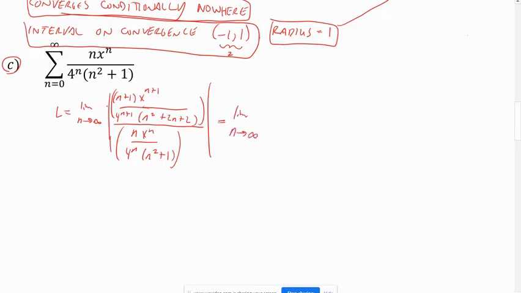And so when I flip the denominator and multiply, and match up all the corresponding pieces, we end up with n plus 1 over n, x to the n plus 1 over x to the n, 4 to the n over 4 to the n plus 1, and n squared plus 1 over n squared plus 2n plus 2.